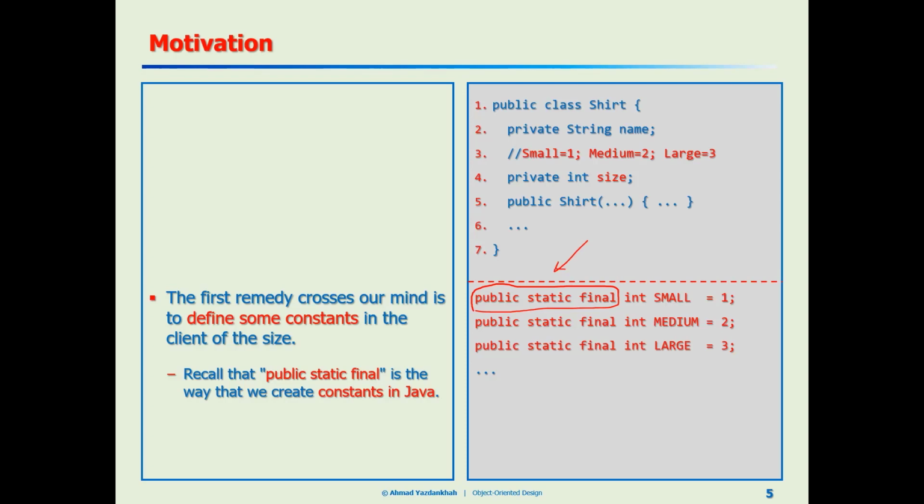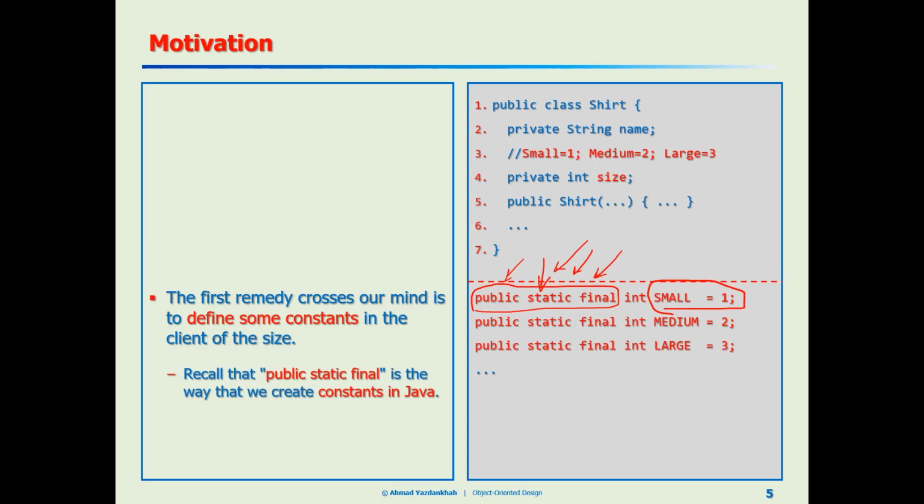The public makes sure that we have access in the whole application, the static makes it accessible in the whole application, and final makes it not able to change the value again. So this is the combination that we use to create a constant in our application.